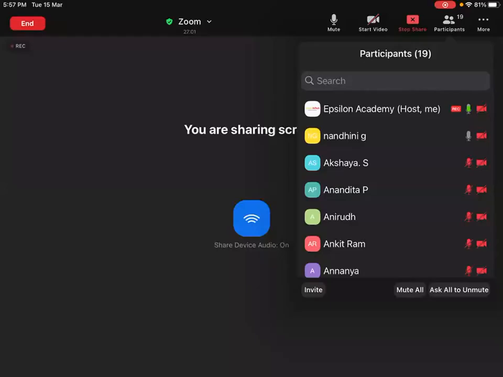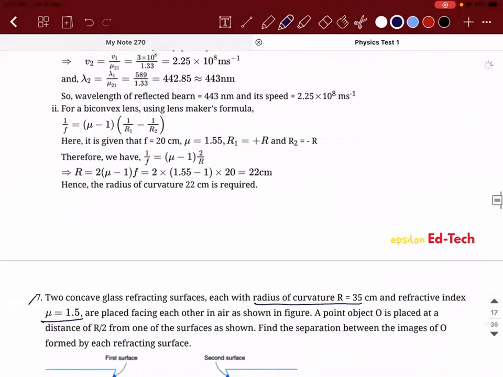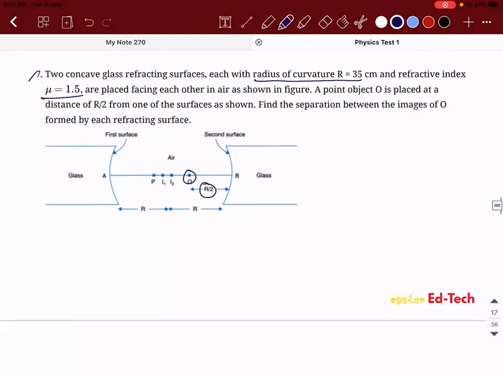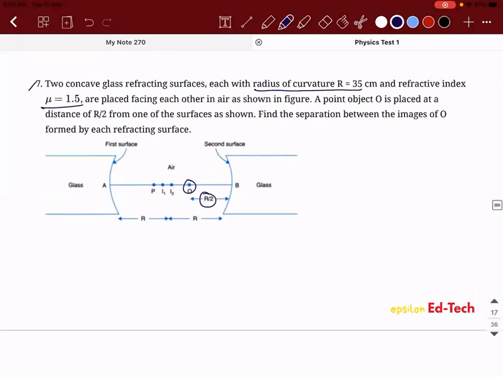Spherical surfaces. Your voice is breaking. I could hear some spherical. You can apply refraction at spherical surfaces. Correct. So what is the formula?